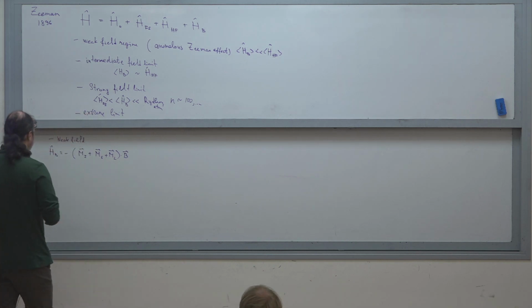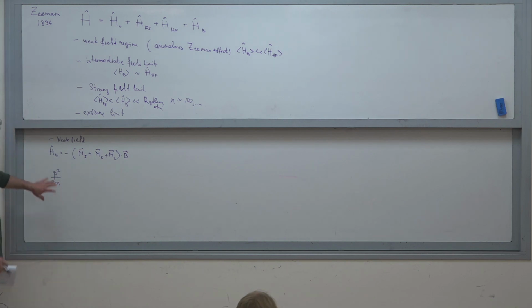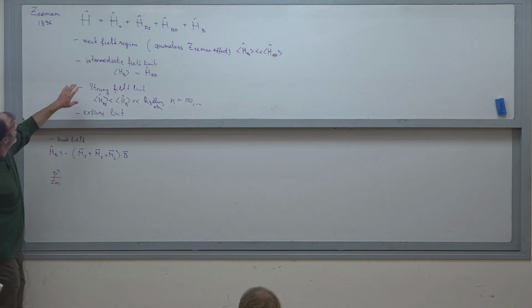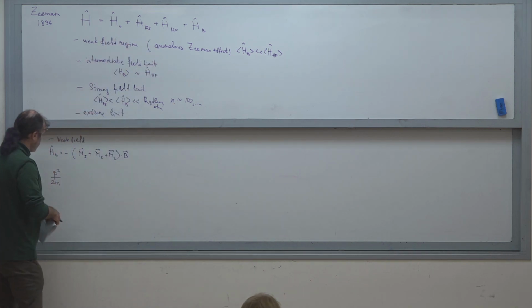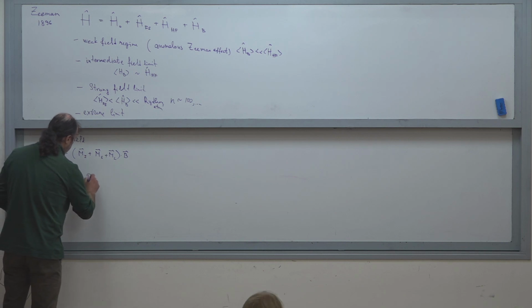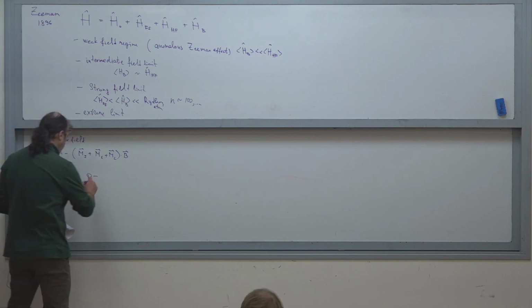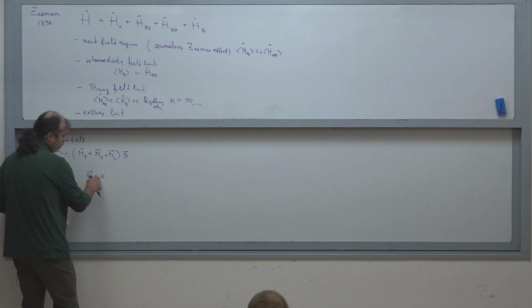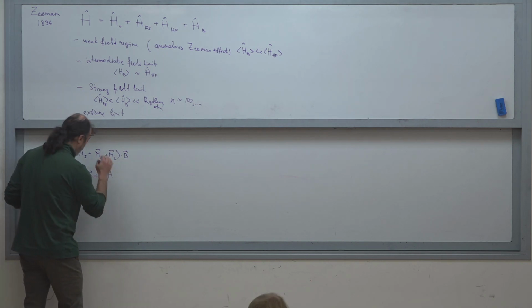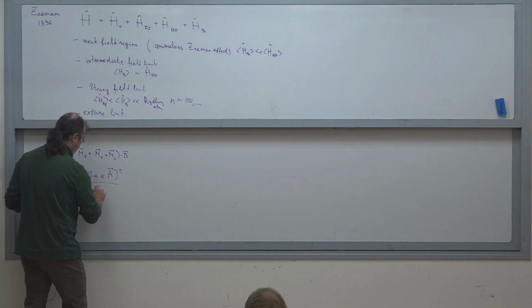Okay, so if we consider that, instead of p squared divided by 2m, that's the kinetic energy part of the Hamiltonian, H0, this kinetic energy should be replaced by the canonical momentum, and this canonical momentum is p plus the electron charge multiplied by the vector potential, and this should be squared.